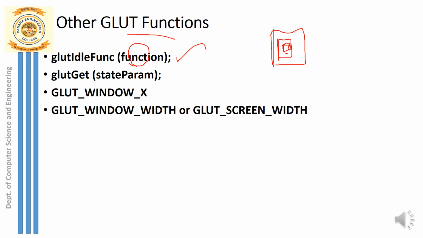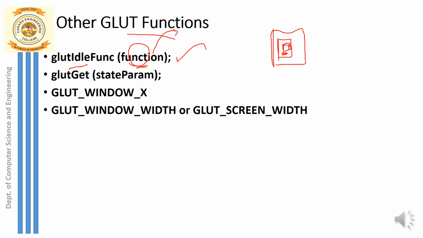For that to happen, you must make use of a function called glutIdleFunc. What is the meaning of this? When the screen is idle, you continuously call this function, and its definition should contain all the OpenGL functions responsible for making this cube continuously rotate, like glTranslate, glRotate and all that.